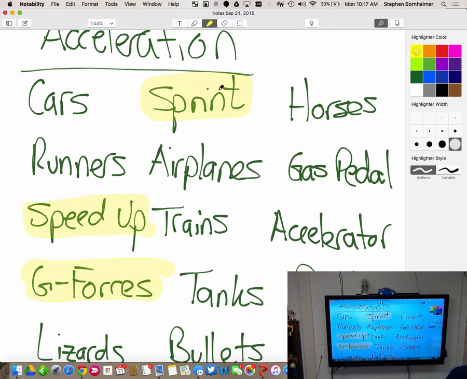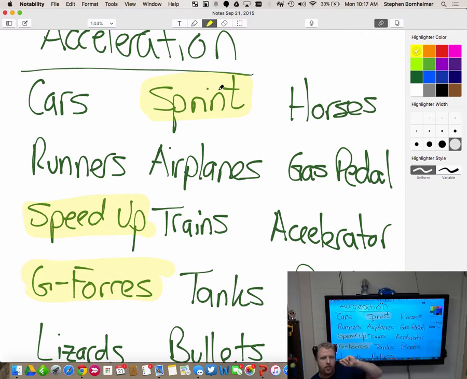Now, in many ways, what you have listed here is accurate. These are things: tanks, bullets, boats, accelerators, gas pedals, horses, airplanes, runners, cars, trains. These are things that accelerate. Lizards. That undergo, yes, that undergo acceleration.